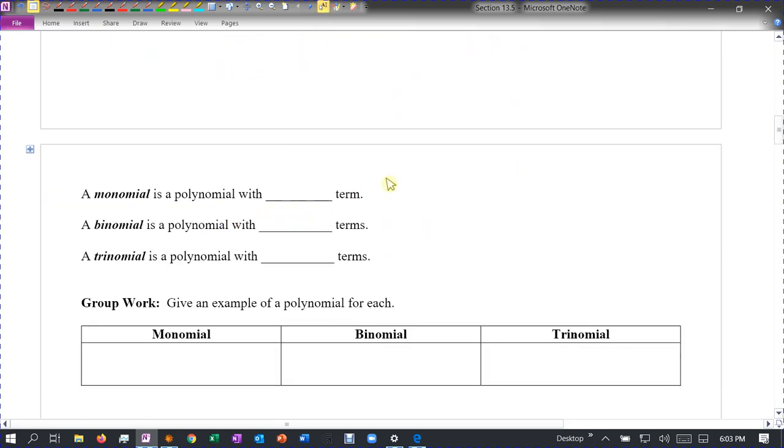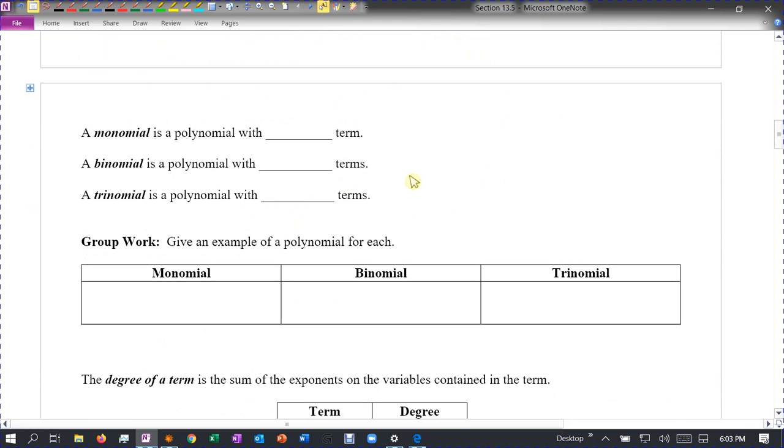Okay, now a monomial is a polynomial with one term. So we'll give examples here in a second. A binomial, bi meaning 2, is a polynomial with 2 terms. And a trinomial, tri meaning 3, is a polynomial with 3 terms. So an example of a monomial, 4xy squared. That is a single term.